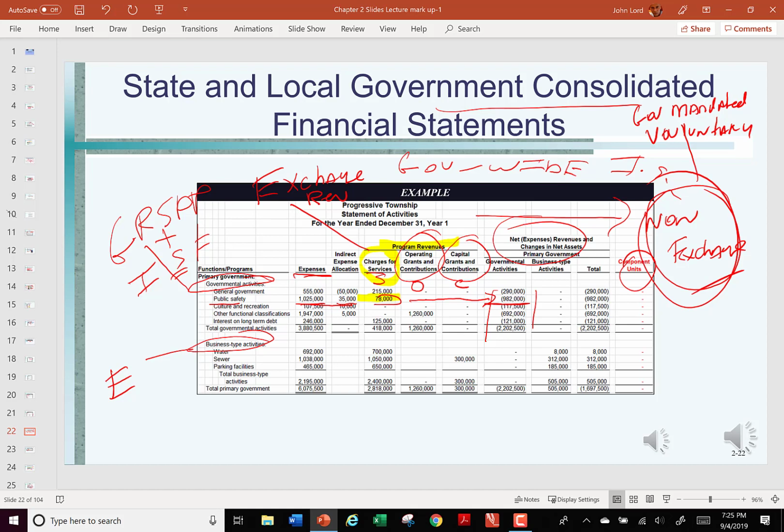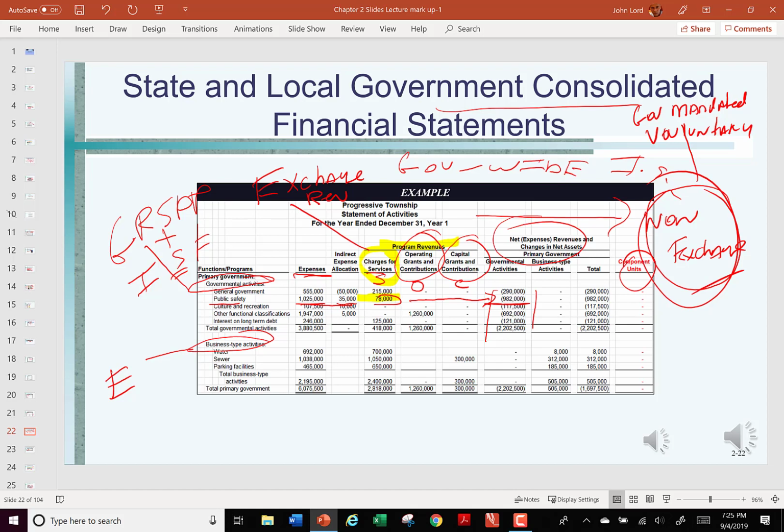In government, it's all about how they spent the money that they got. So we start with the expenses. This government spent $1,025,000, and I guess it'd be in thousands, but let's deal with the numbers that are here. $1,025,000 on public safety, paying police, buying police cars, all of those things, right?